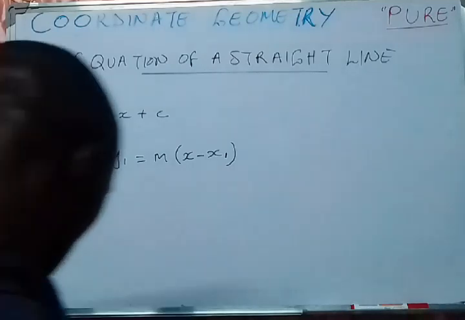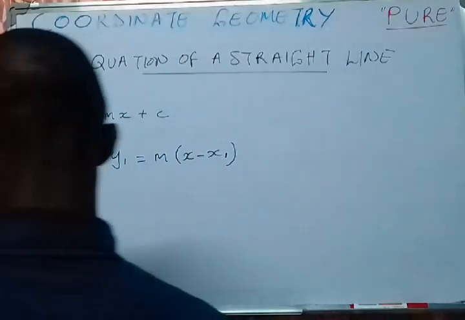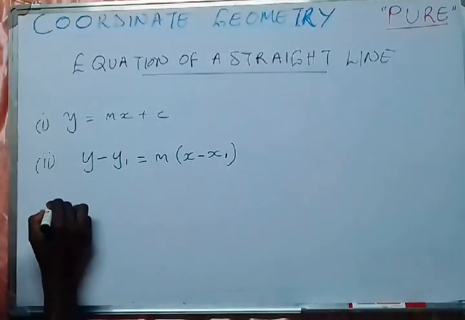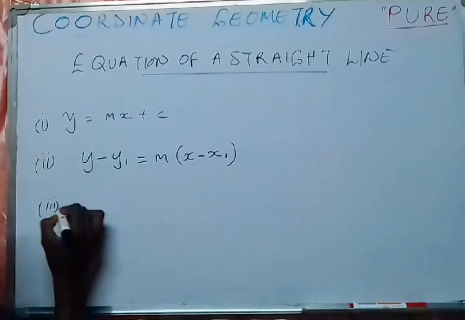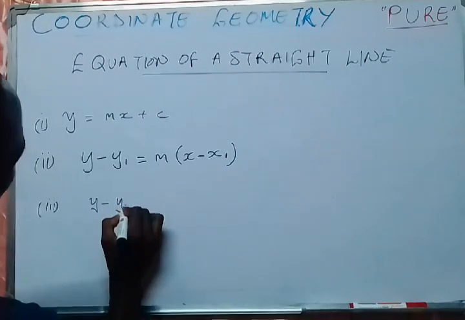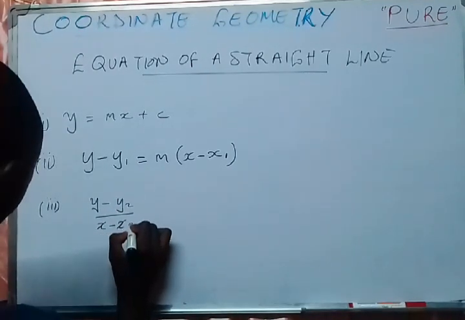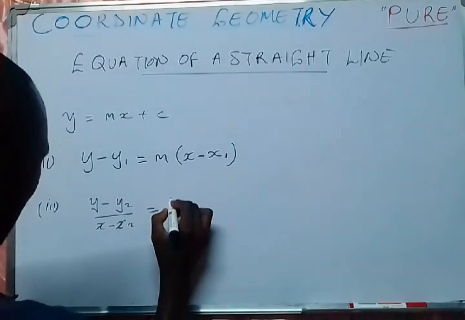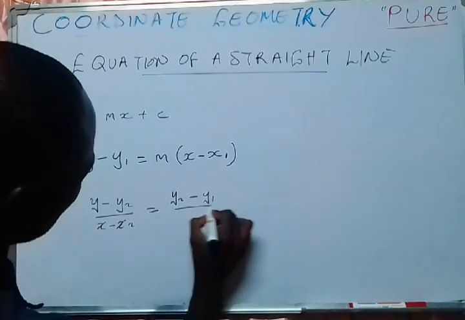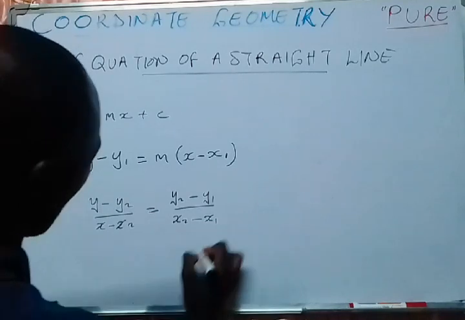Okay, fine. Let's have the third one. The third equation, under the equation of a straight line, is written as y minus y2 over x minus x2 is equal to y2 minus y1 divided by x2 minus x1.